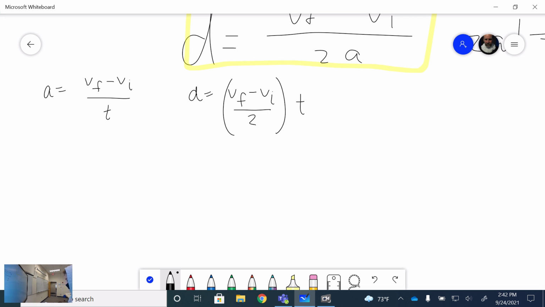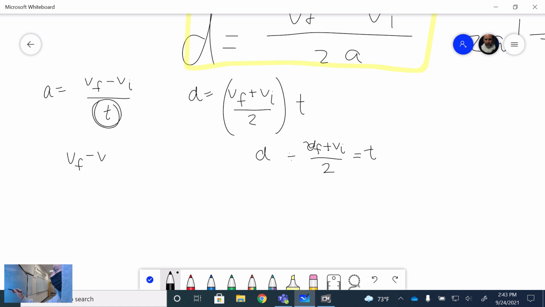Okay, so we had these two equations, and then what we wanted to do is we substituted this. So we solved this for t. So you'd have d divided by vf, sorry, I messed up the v a little bit, and then we substituted this into the t.